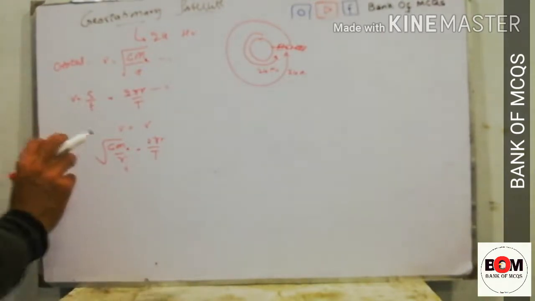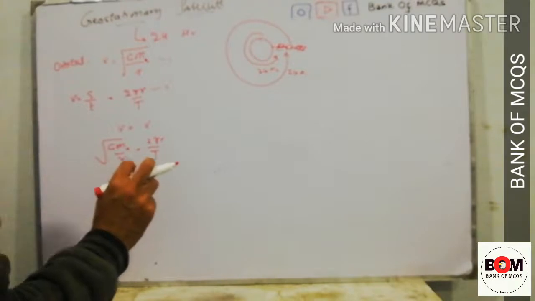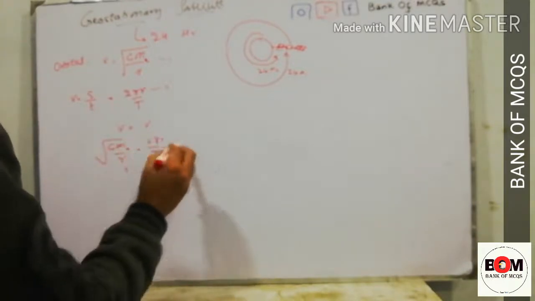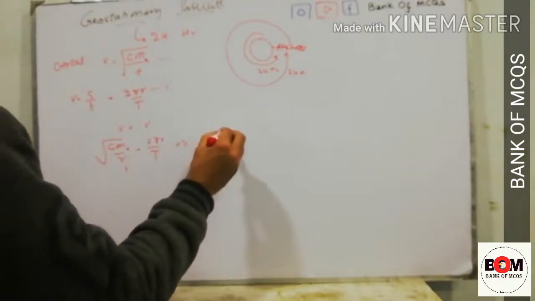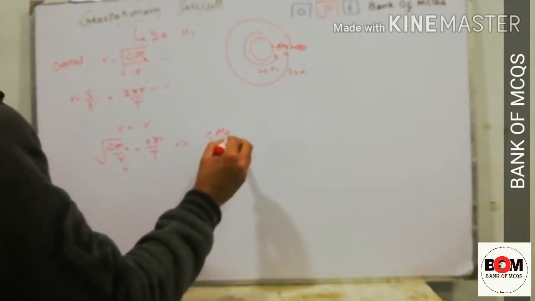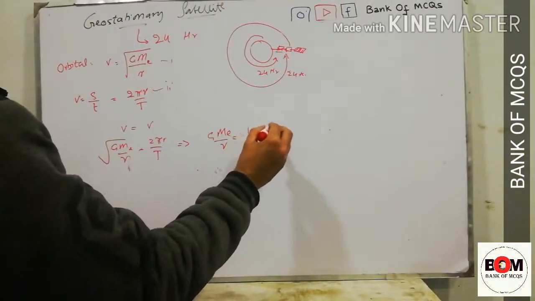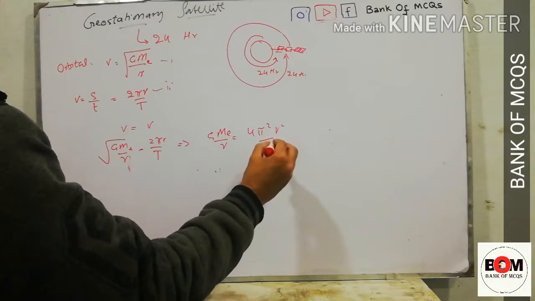Now to find the radius of the geostationary satellite, taking square on both sides, we can write that Gme divided by R is equal to 4 pi square R square divided by T square.